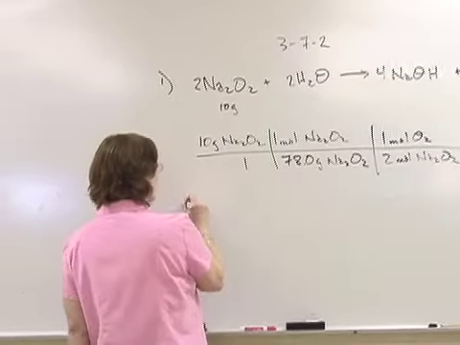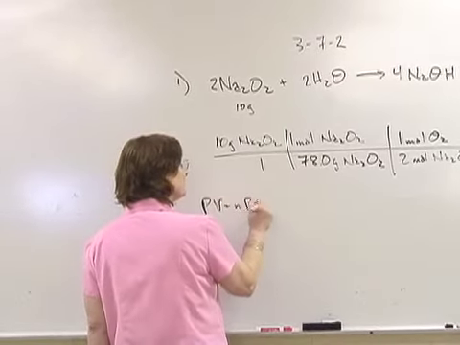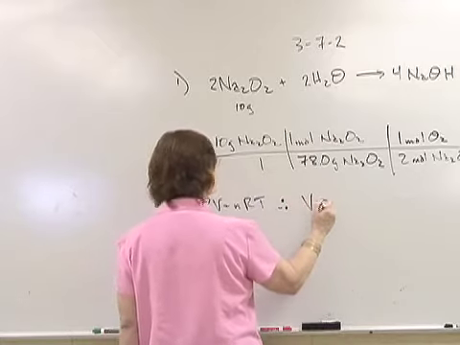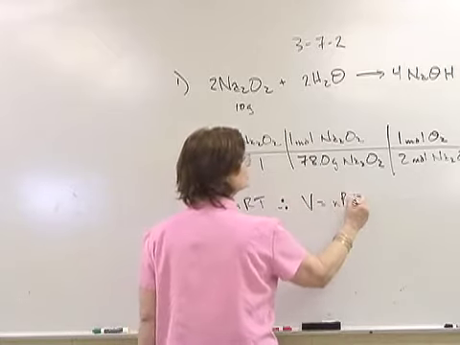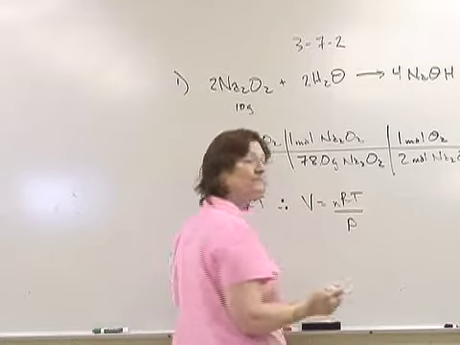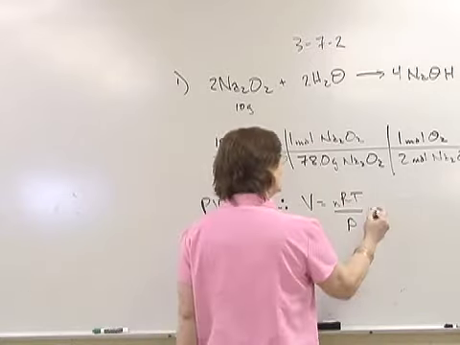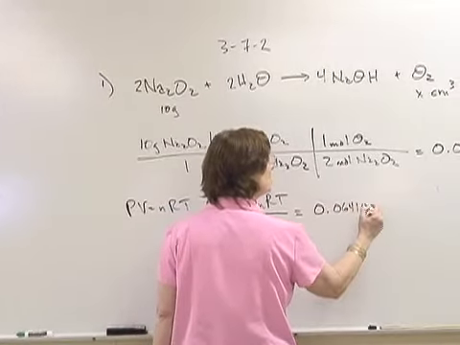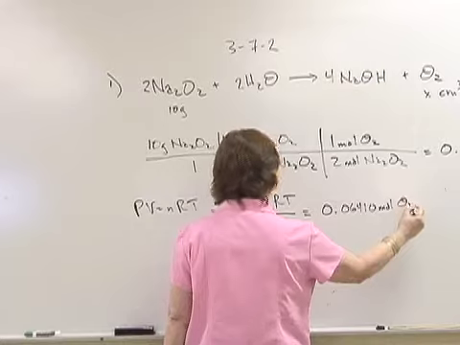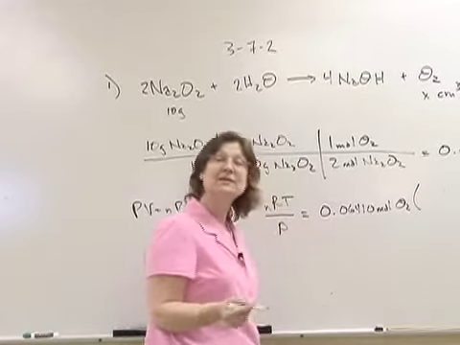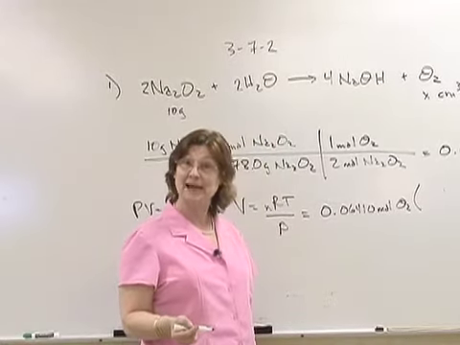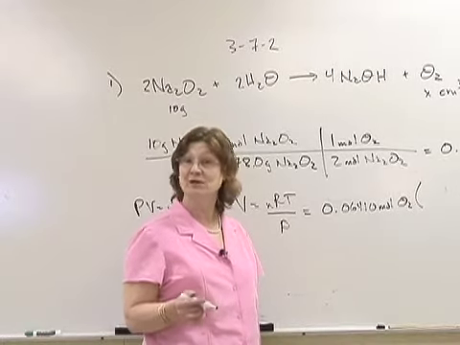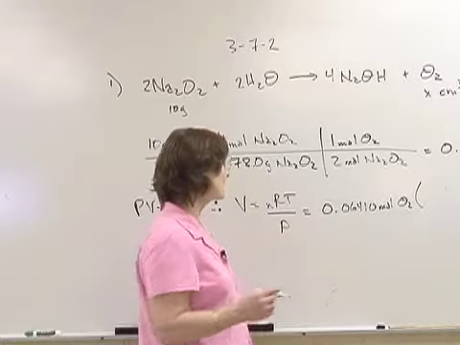And I know that PV equals nRT. And therefore, if I'm solving for volume, V equals nRT over pressure. And therefore, I put in the value 0.06410 moles of my oxygen. And the ideal gas constant that I'm going to use is the kilopascal one. Even though I'm given my pressure in pascals, I will have to make a conversion there to get it into kilopascal.